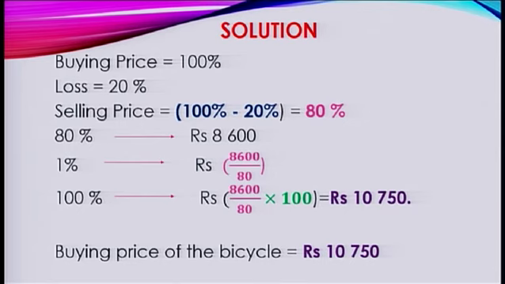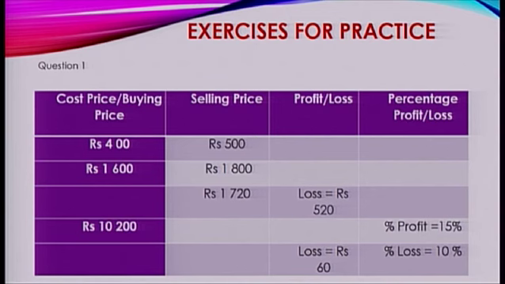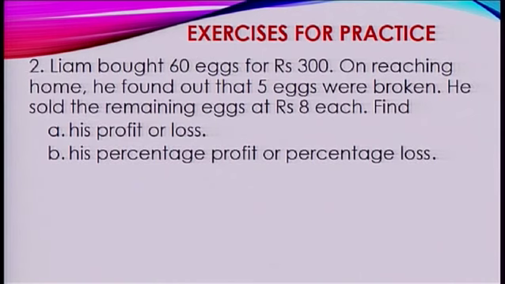So these are a few exercises for you to practice. In question 1, you need to fill in the blank spaces, right? So you have cost price, buying price, selling price, profit or loss, and percentage profit or percentage loss. Question 2.